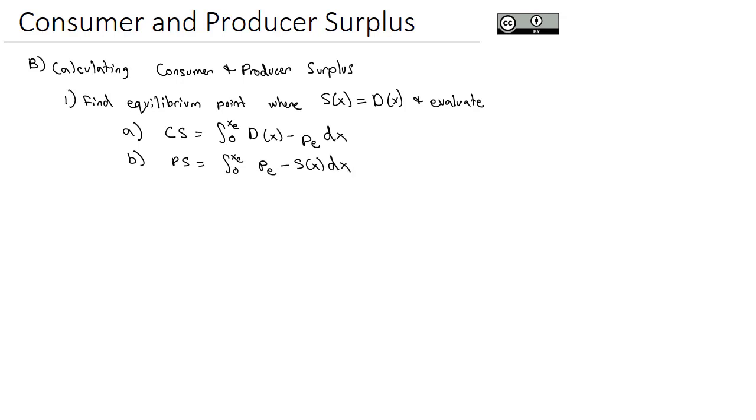So let's take a look at an example of this happening, where the monthly supply and demand curves for a product are given by the functions below.